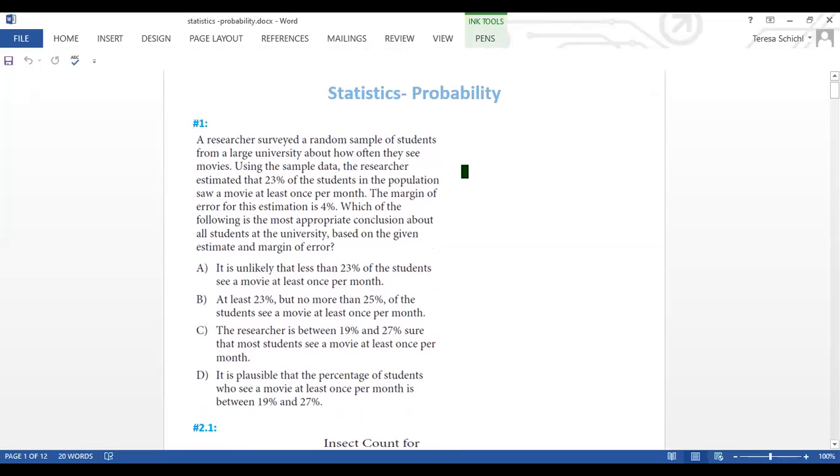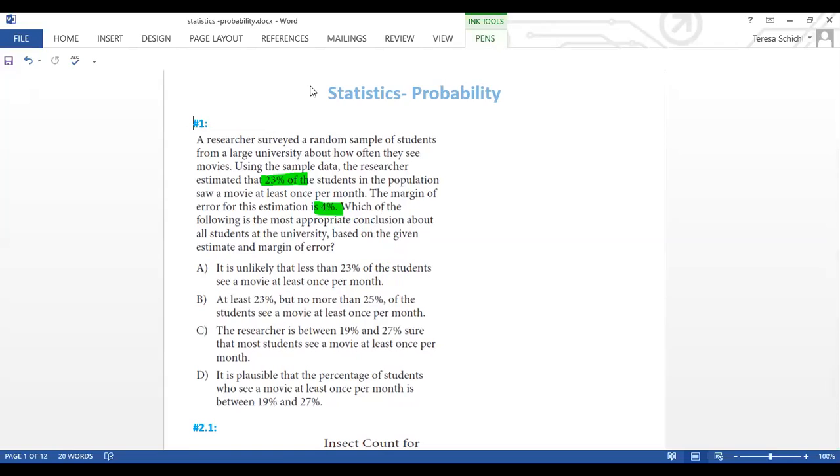Using the sample data, the researcher estimated 23% of the students in the population saw a movie at least once per month. The margin of error is 4%. Which of the following is the most appropriate conclusion about the students based on this estimate and margin of error?